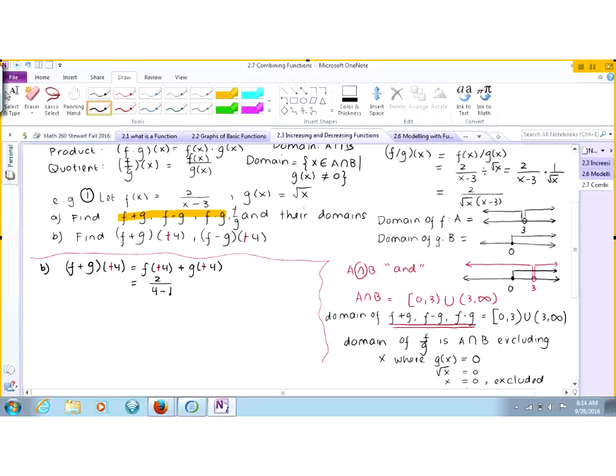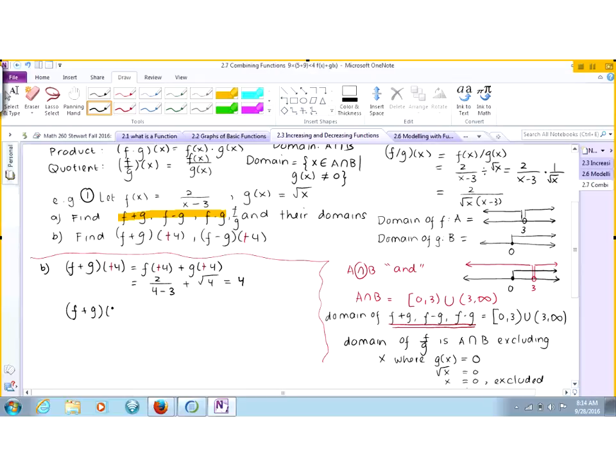2 over 4 minus 3 plus square root of 4. So this is equal to, what is this equal to? 4? Yes.